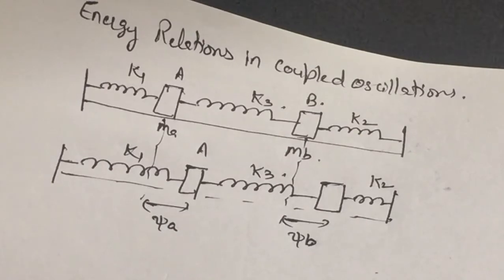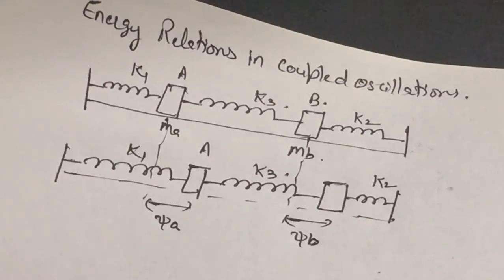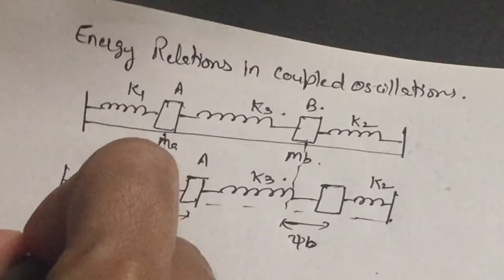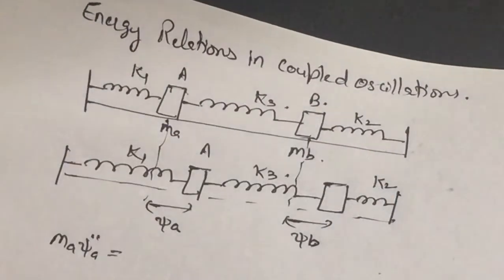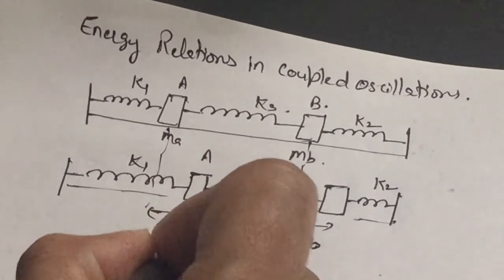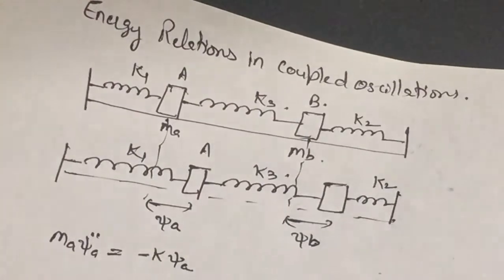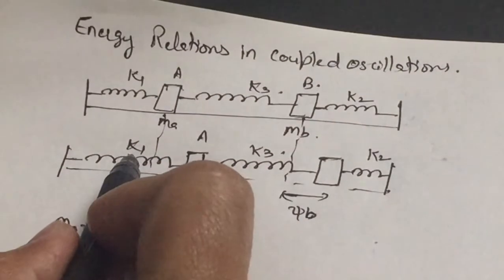If the K3 spring is absent, then we can write the simple harmonic motion for the A particle like this: mass into acceleration is equal to the restoring force, and in the first case the restoring force is given by minus the spring constant times the displacement, with the spring constant of the first particle.